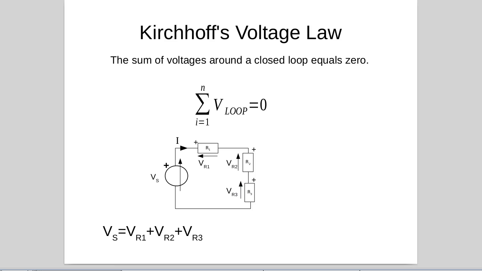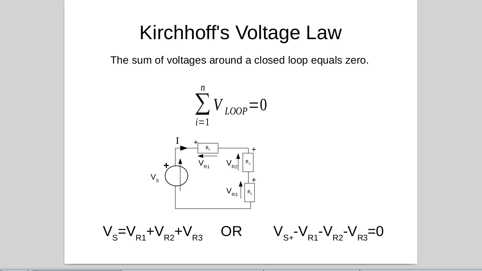what we get is the supply voltage is equal to the voltage across resistor 1 plus the voltage across resistor 2 plus the voltage across resistor 3, or I can redraw that as supply voltage minus VR1 minus VR2 minus VR3 equals 0.